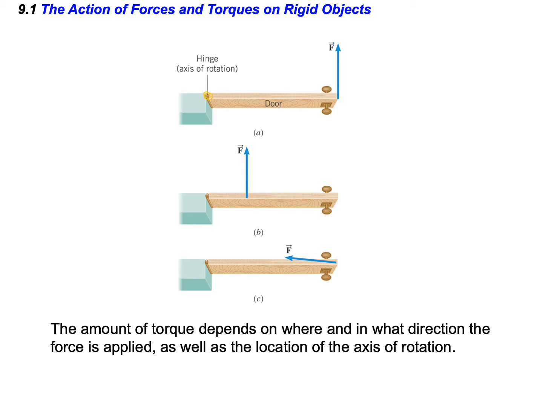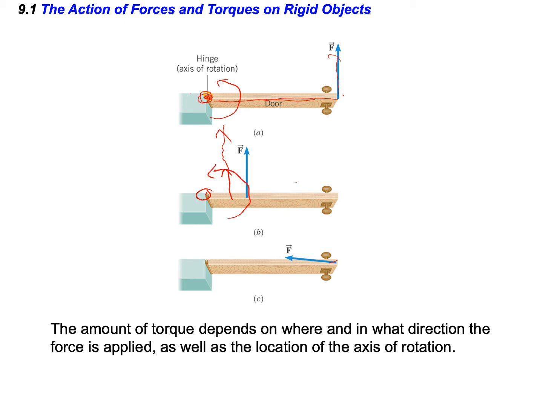We can consider this as the axis of rotation, and this whole thing can turn around this point. By experience, if we apply the force further away from this rotational point, we need less force. If we apply a force closer to this axis of rotation, we need a larger force to rotate it.